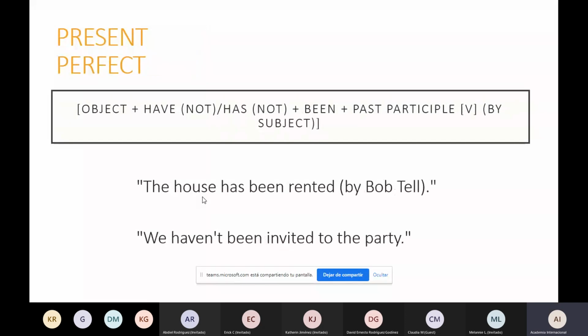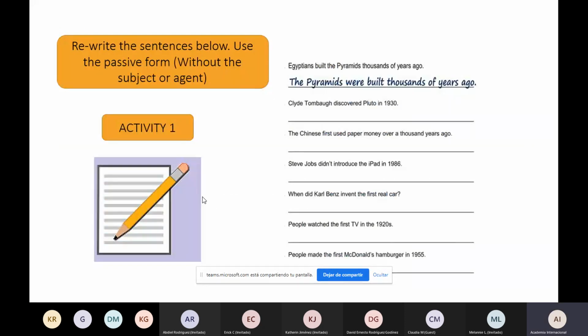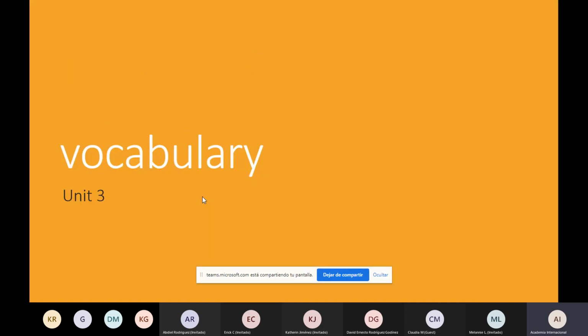¿Hay alguna otra pregunta? Do you have any other question? Okay. Before to leave. Bueno, no vamos a terminar todo.